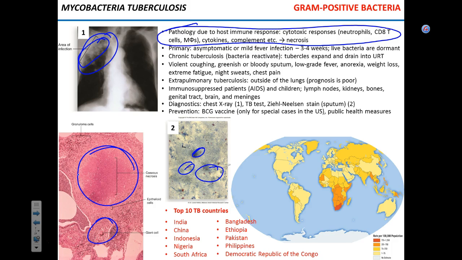And what triggers extrapulmonary tuberculosis? If you look at the countries where tuberculosis is most common, okay, Africa, some Asian countries, they are poor, more or less, which means poor healthcare, poor sanitation.